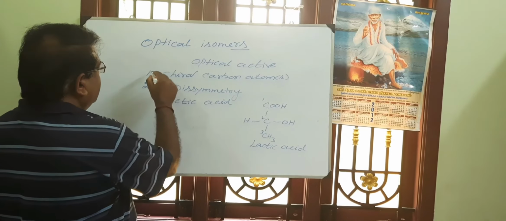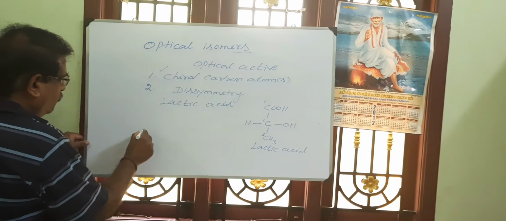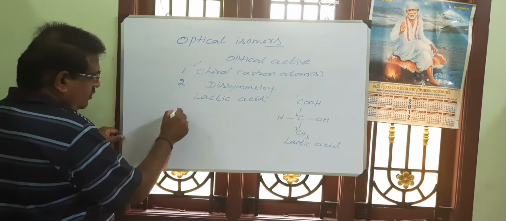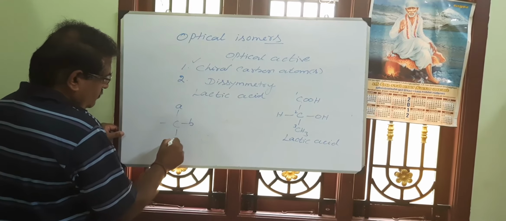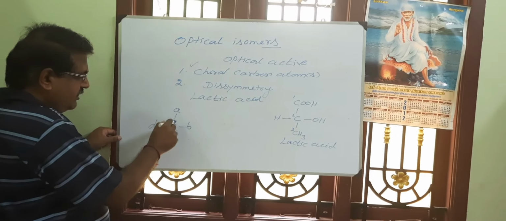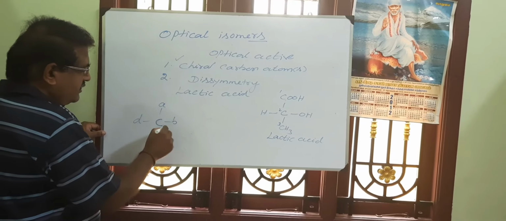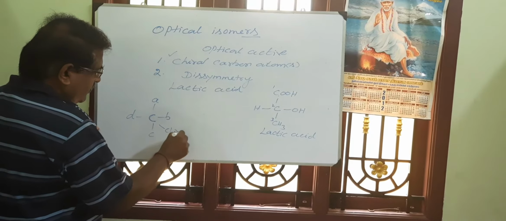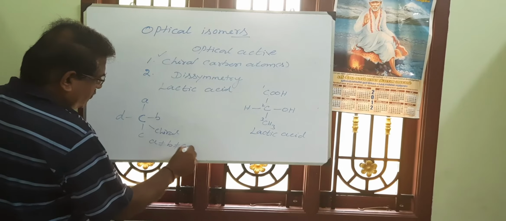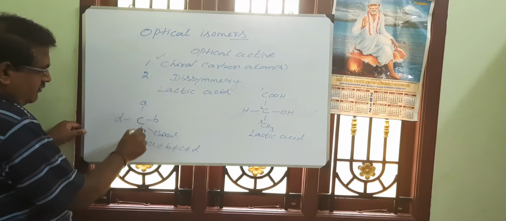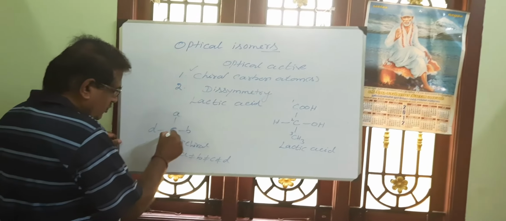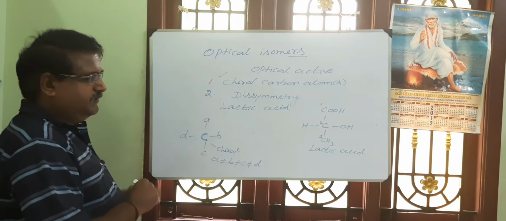So what is a chiral carbon atom? Carbon has 4 valency. When all the groups attached to the carbon atom are different from one another, the carbon can be denoted as chiral carbon. A is not equal to B, is not equal to C, is not equal to D. When all the 4 substituents are different from one another, the carbon atom is called a chiral carbon atom.